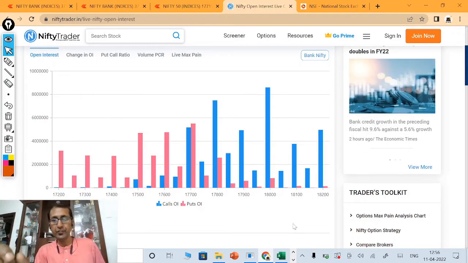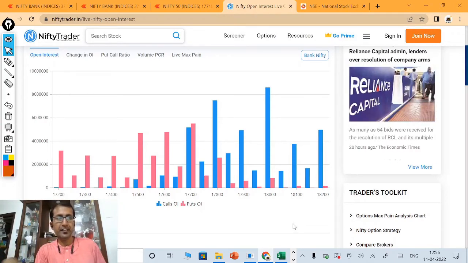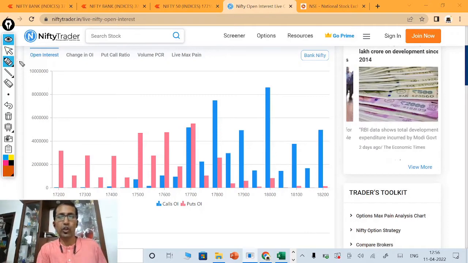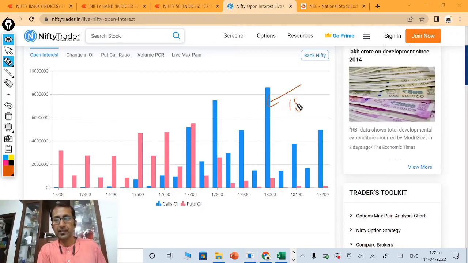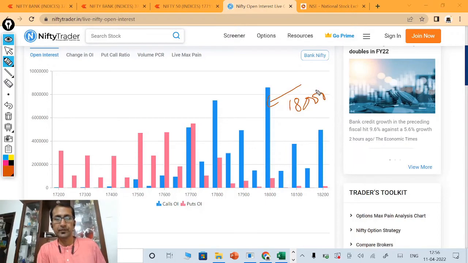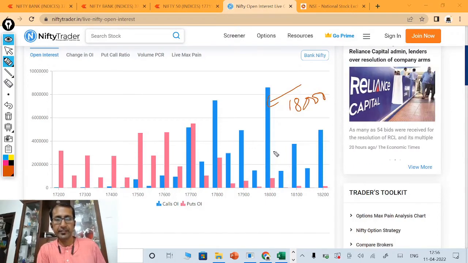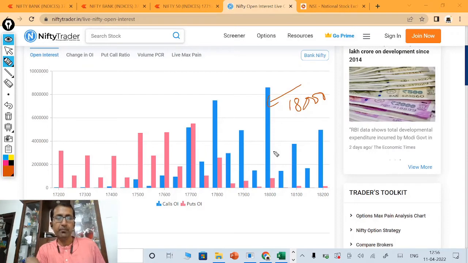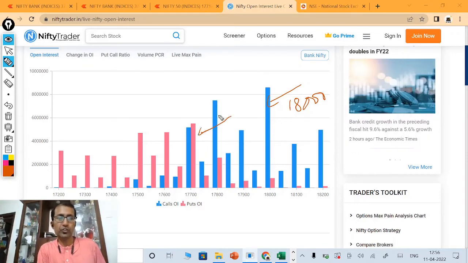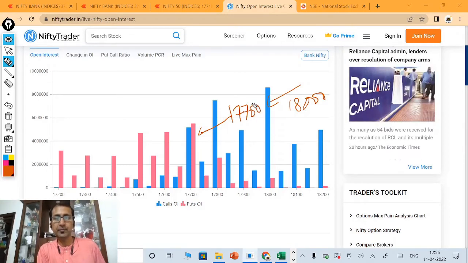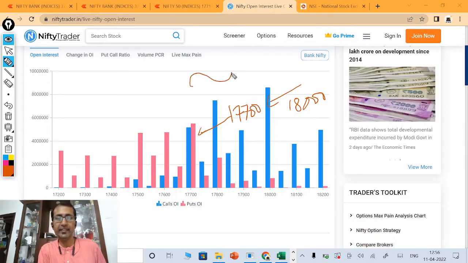On Nifty, you can see very high call positions are at 18,000. A big tower you can see. And the very high put positions are around 17,700. So for this expiry, the range will be between 17,700 and 18,000.